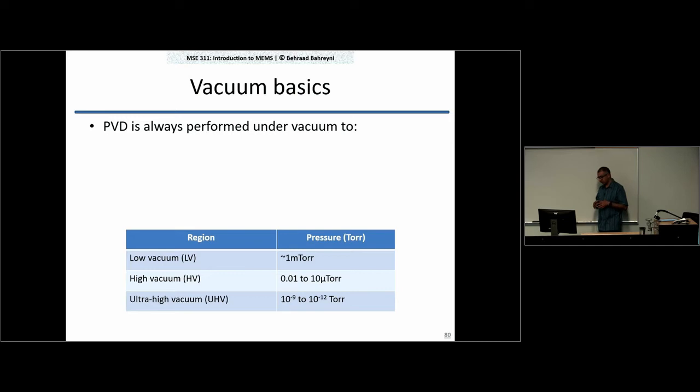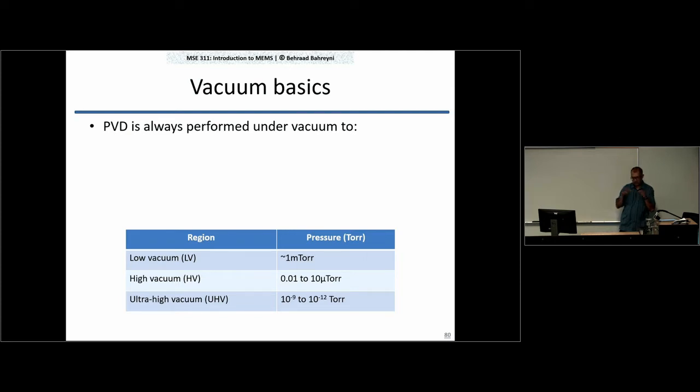The reason that we perform PVD under vacuum, I'd like you to think for a second or two about this. Let's think about evaporation. If I'm evaporating a material and want to have it deposited on my substrate to grow a film on my substrate, how would vacuum help me?